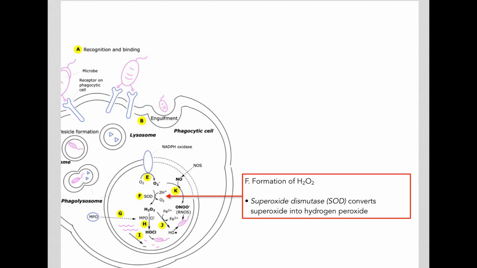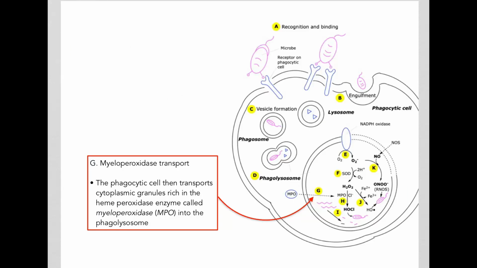In the next step, the enzyme superoxide dismutase, or SOD, will convert this superoxide into hydrogen peroxide, H2O2. So while this is happening, H2O2 is being formed in the phagolysosome.